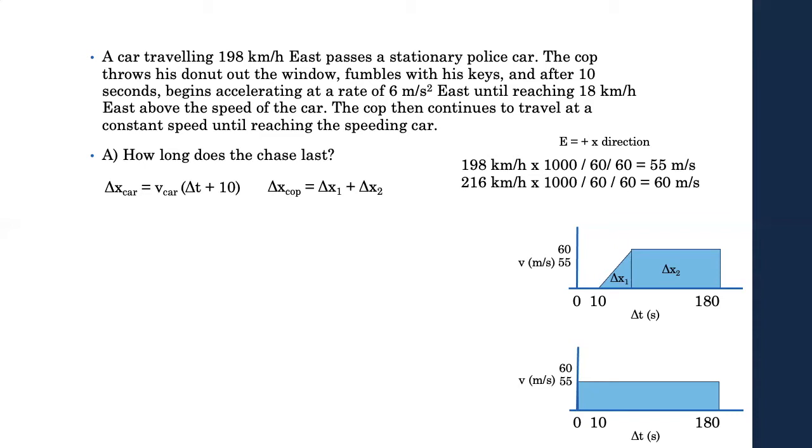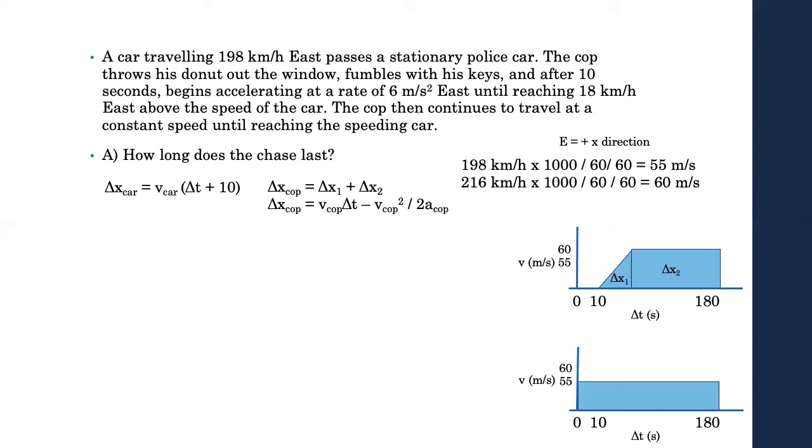The distance traveled by the cop, you can separate into these two areas, the triangle and the rectangle, x1 and x2. So calculating the area here, what I've done is I've got the 60 meters per second times the full time, the time between 10 and the end.